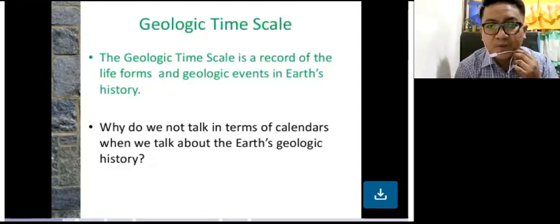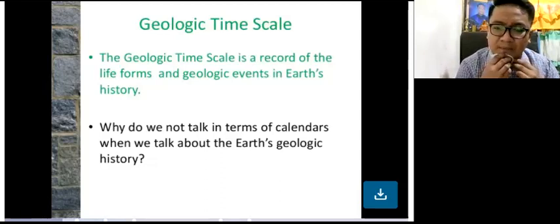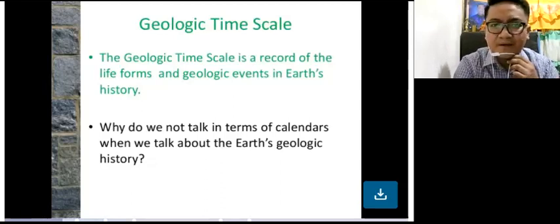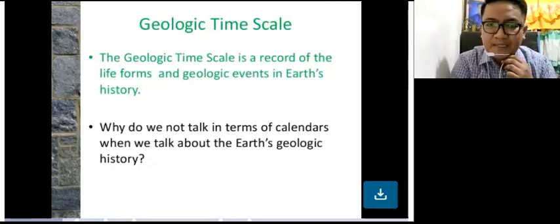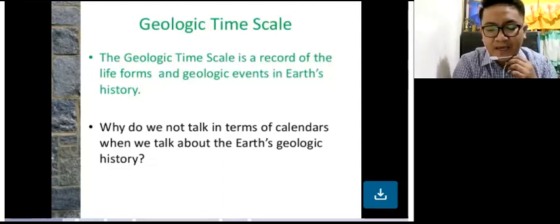So why do we not talk in terms of calendars when we talk about the Earth's geologic history? More time to characterize po when we talk about the time scaling po pag tinawag po natin stratified rocks or stratification and age of rocks po.